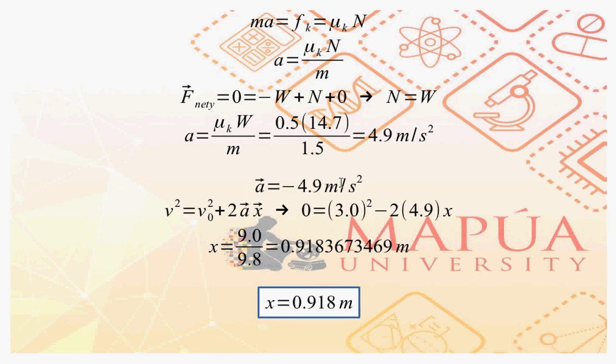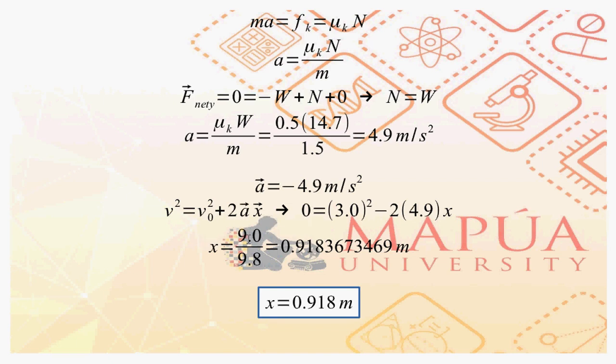Knowing the acceleration will allow us to perform kinematics analysis on the box. The acceleration is constant at negative 4.9 meters per second squared. So that's uniform acceleration. For uniform acceleration, you have 4 equations that you can use to analyze the motion of the box. One equation is v squared is equal to v naught squared plus 2ax. We know final velocity v, 0.